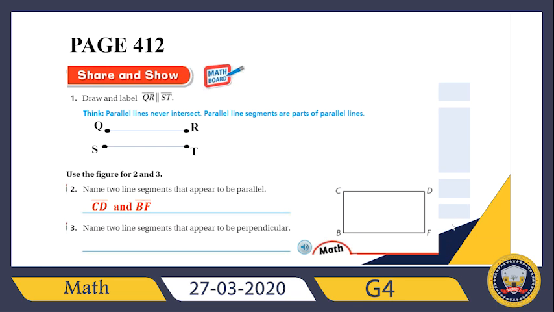So one more. Line segment FD and line segment DC, they are also perpendicular, right? Good. What about this? Line segment DC and line segment BC, they are also perpendicular. So there are 4 different options. You can write one of them. I'll write line segment CD and line segment BC, they are perpendicular lines.